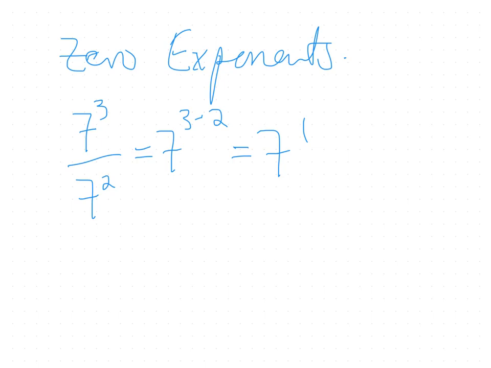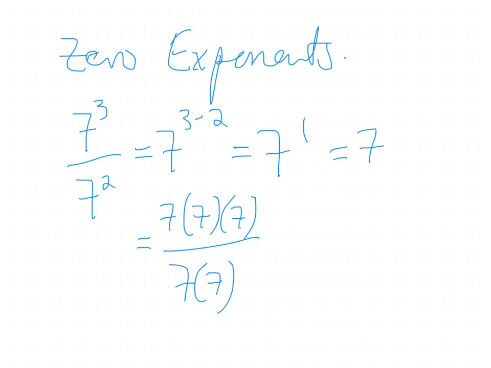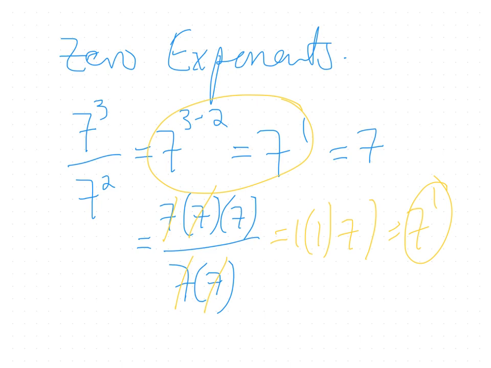If we turn this quotient of powers with the same base into expanded form, there's 7 times 7 times 7, all divided by 7 times 7. If we simplify our fraction, then 7 divided by 7 divides out to 1, and 7 divided by 7 divides out to 1. So we're left with 1 times 1 times 7, which is just 7 to the exponent 1. That's how our exponent rule of division of powers with the same base works.